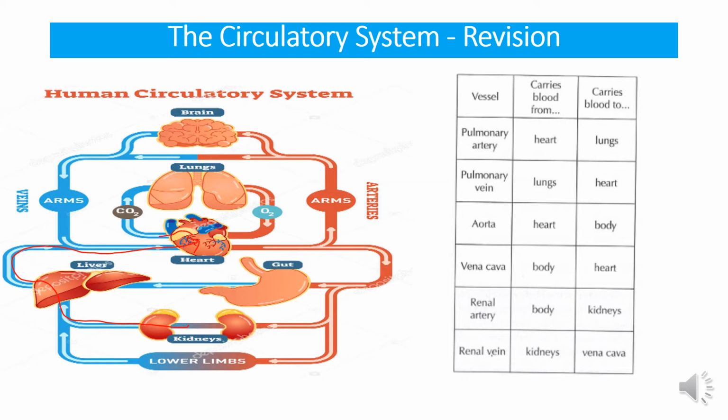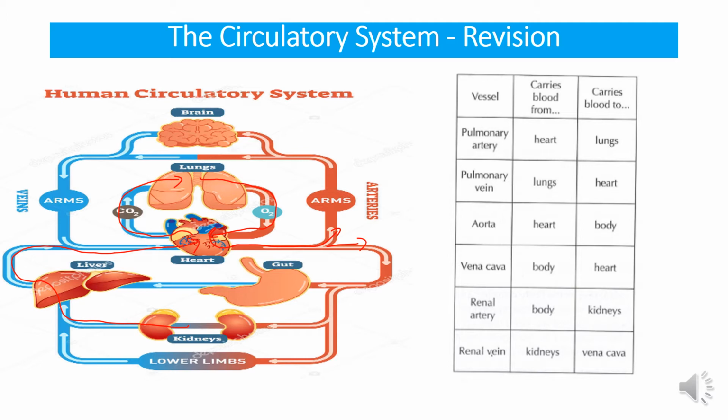It then travels from the right side of the heart into the lungs to pick up oxygen, and then from the lungs via the pulmonary vein back into the left side of the heart, and then through the aorta back to the other parts of the body. And that's really important because it's travelling through the heart two times at every circuit.